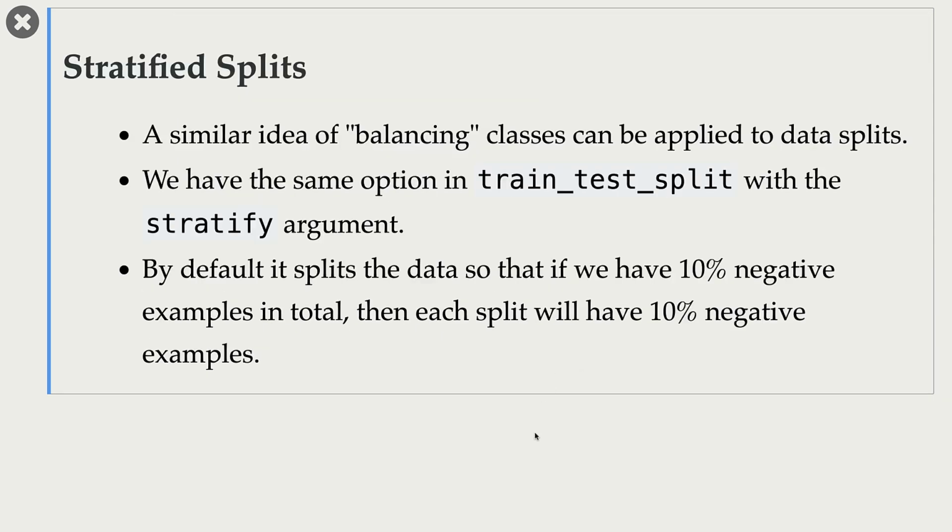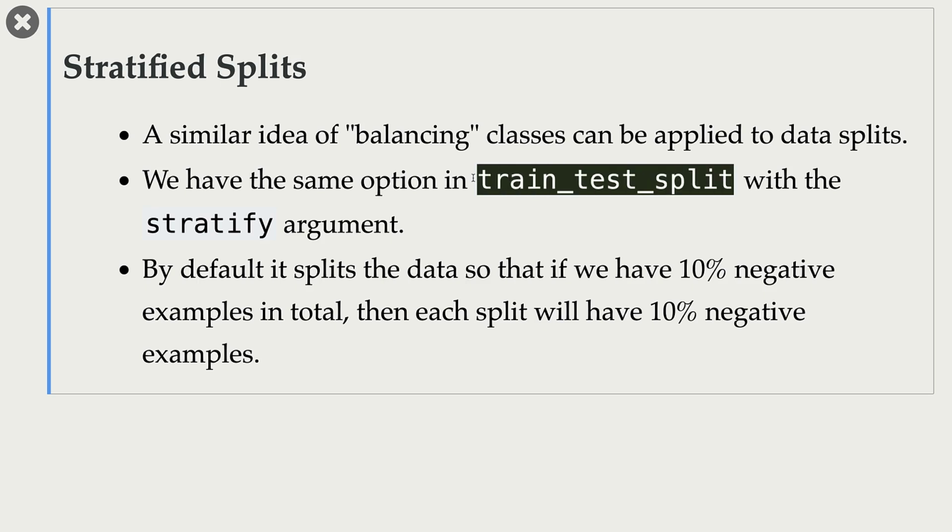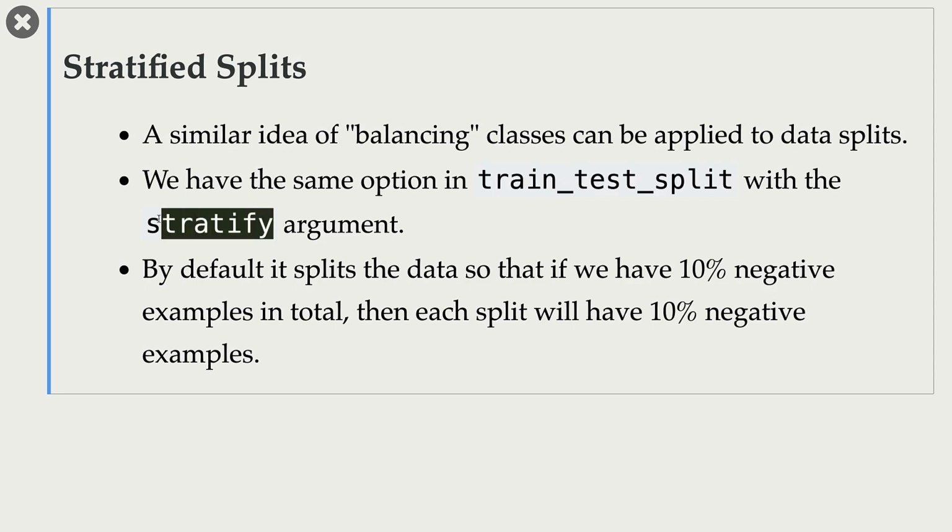A similar idea of balancing classes can also be applied in data splits. You might be wondering how does splitting work when we have data imbalance or class imbalance. In train test split, we have this stratify argument.